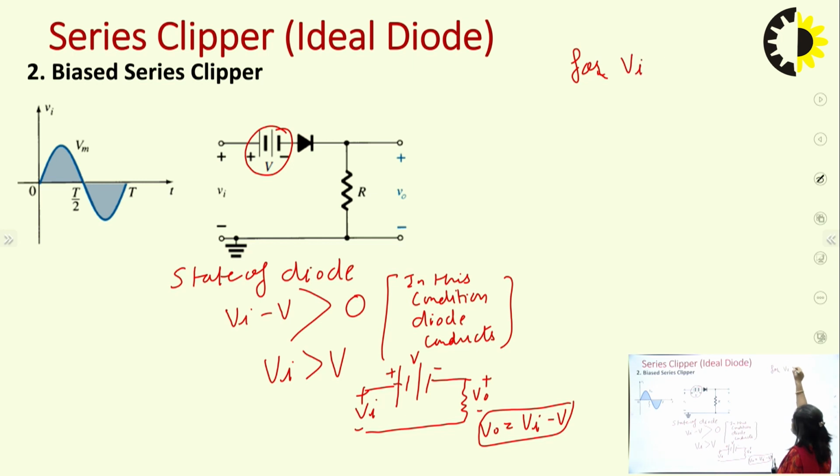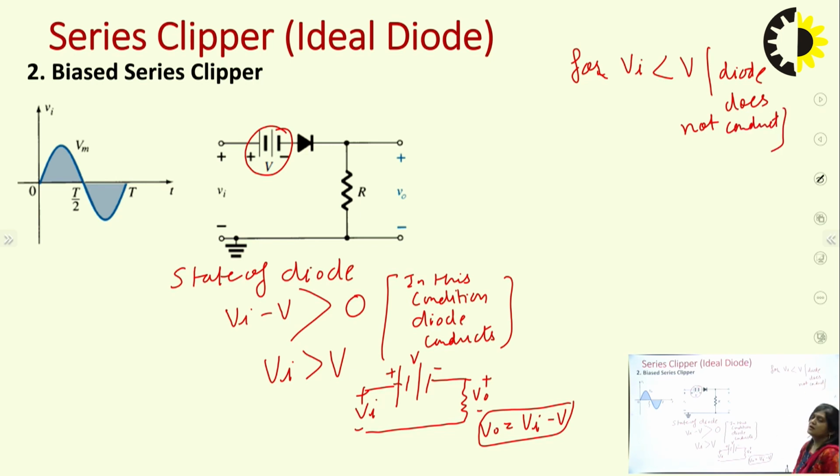And for Vi less than V, the diode does not conduct. For Vi less than V, the diode does not conduct, and in that case the equivalent circuit would be, now the diode will be open circuit, so it will be like in this way.